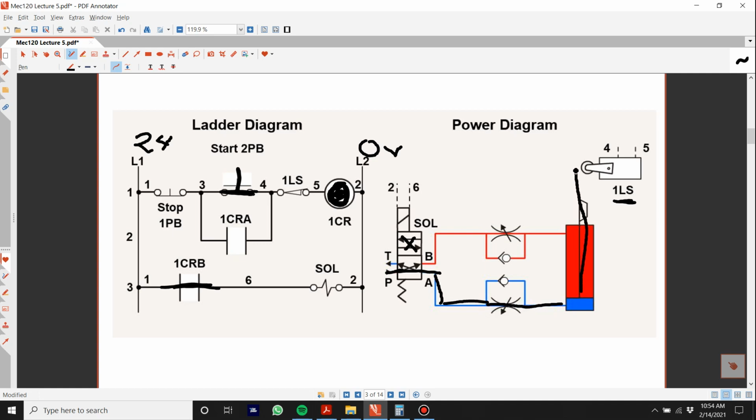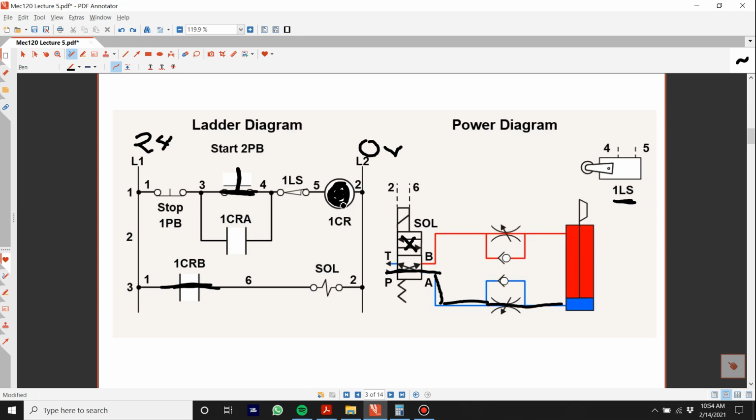This cylinder extends, it hits the limit switch, and what happens? What happens to the limit switch? The limit switch opens, it breaks the coil, the solenoid is de-energized, the spring comes into action, and now pressure goes from P to B, pushes the cylinder back, okay, breaks the limit switch, and that's it.